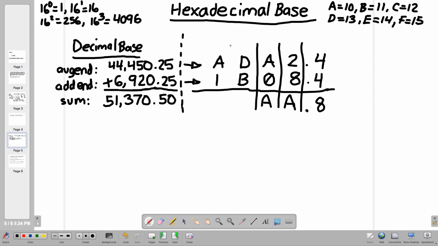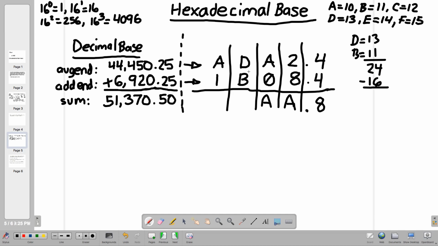And then we have the next significant column, which is D and B. So D is the same as 13, and then B is the same as 11. So when we add it up, we have 24. You can't have two digits in a column. So what we're going to do is just subtract out 16 here. And let's see, it's 24 minus 16.